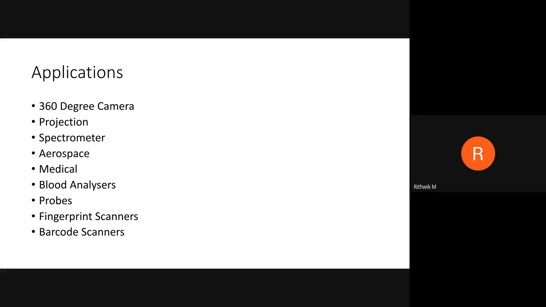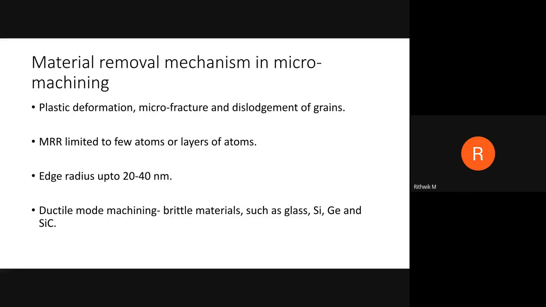Now we'll see certain things regarding the material removal. In diamond turn machining, material removal takes place by plastic deformation, microfracture, and dislodgement of the grains.